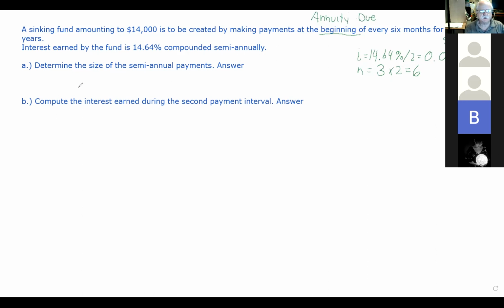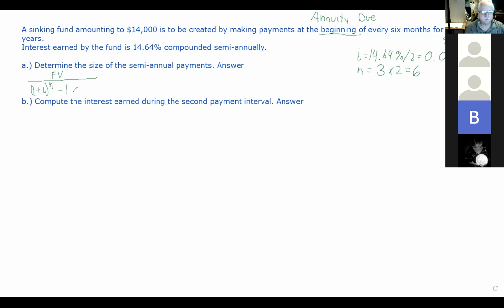So we're going to be looking at the future value divided by 1 plus I to the power of N minus 1.